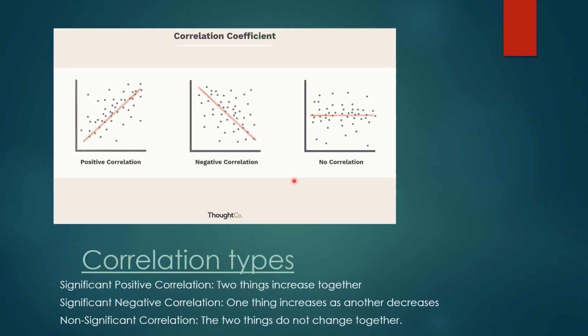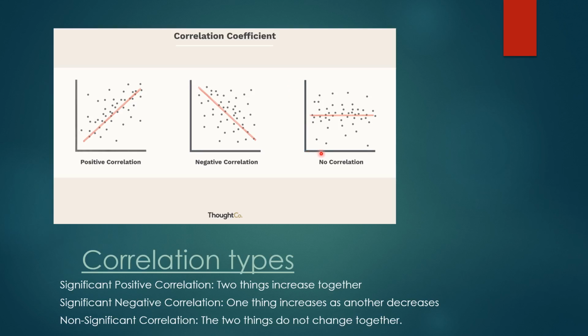A good way to think about this is in terms of the different types of correlations you can get. With no correlation, you can imagine an x variable and a y variable. Say, for example, the x variable is how smart you are, and the y variable is your shoe size. Probably there's no relationship between your intelligence and your shoe size.